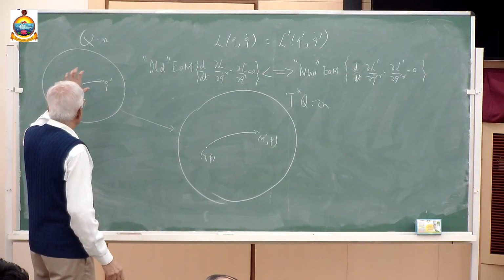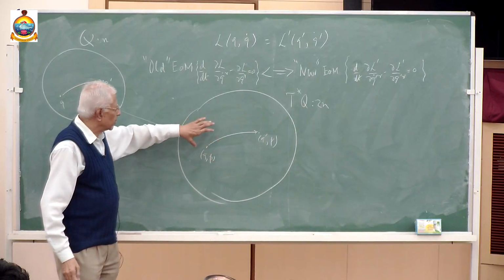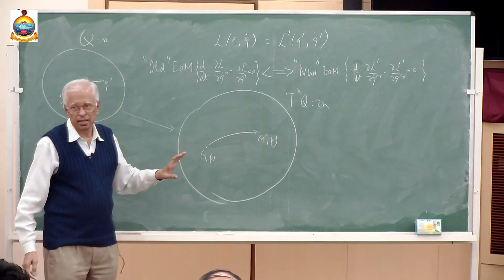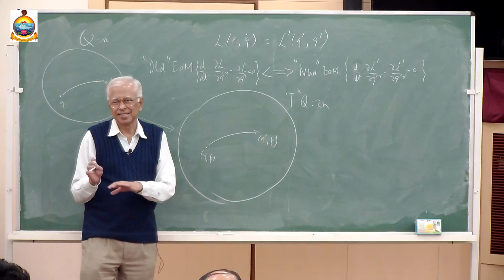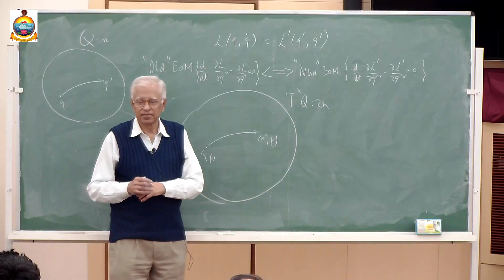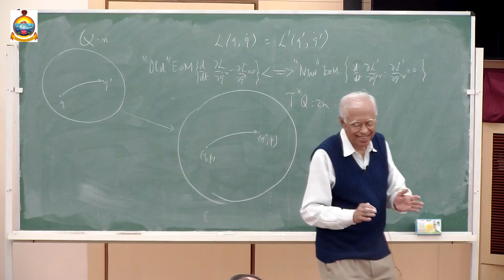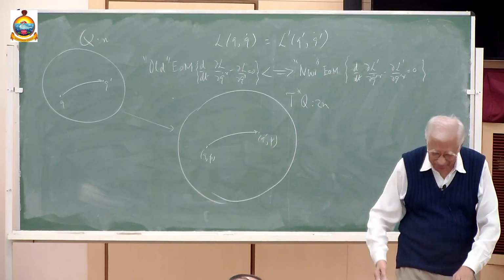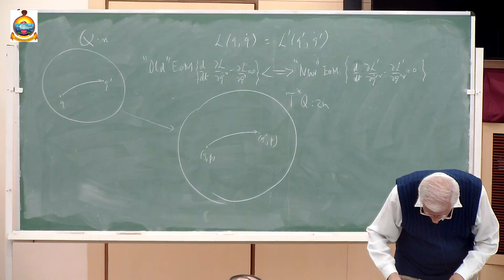Everything here will reappear here, but many more are allowed here. That is the point. Even so, there are conditions, but remember, this is twice the dimension. So, like people say there is a lot of room in Hilbert space, there is a lot of room in phase space. Okay. So, this is the relationship between the two.